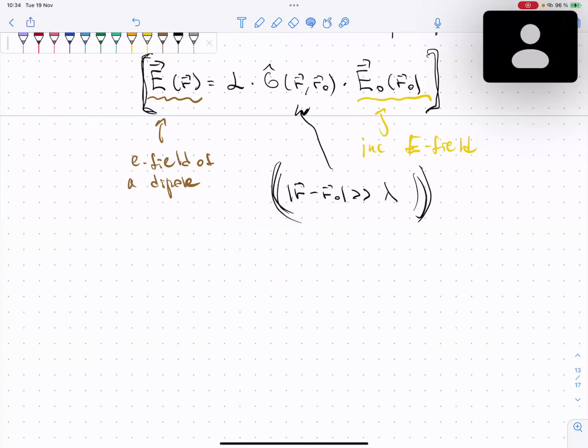So basically, as I said previously, we can write the scattered electric field in two ways.